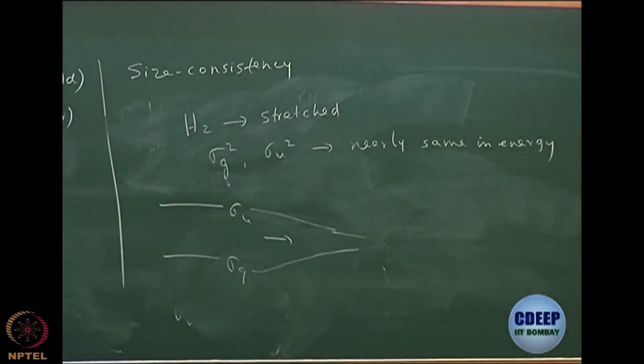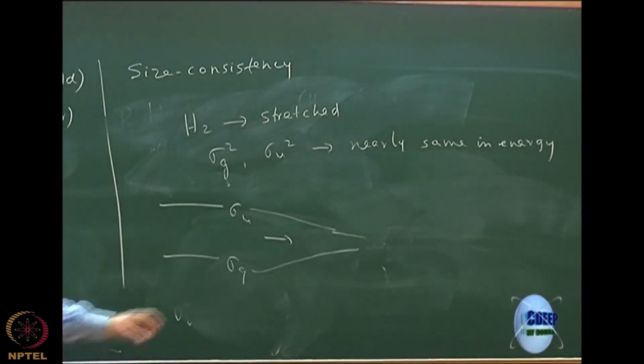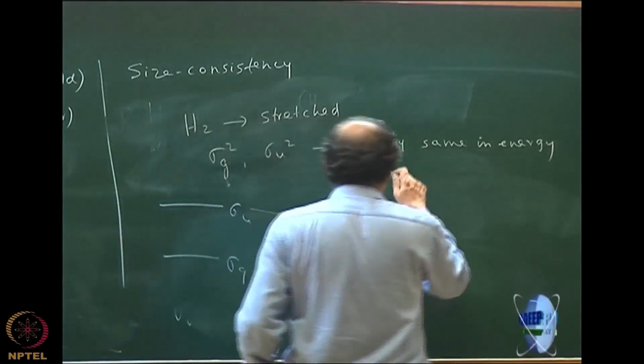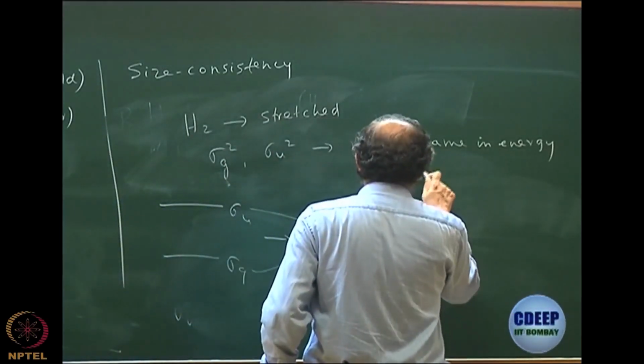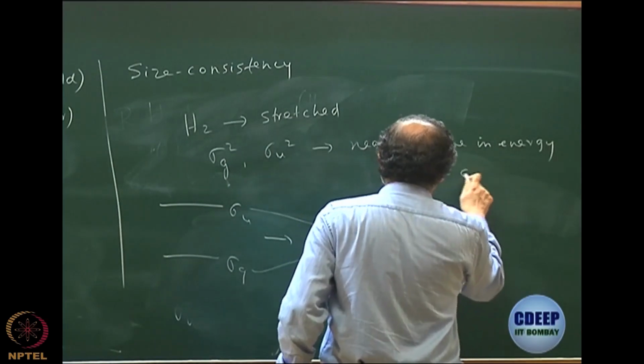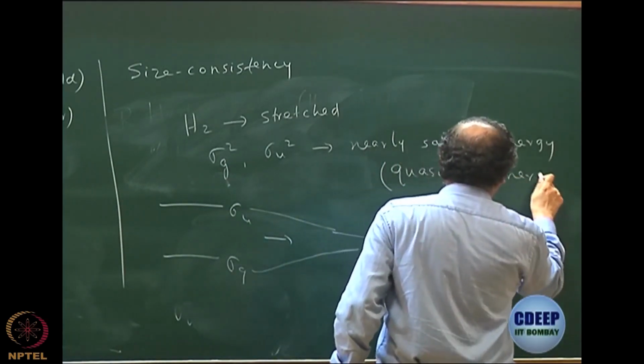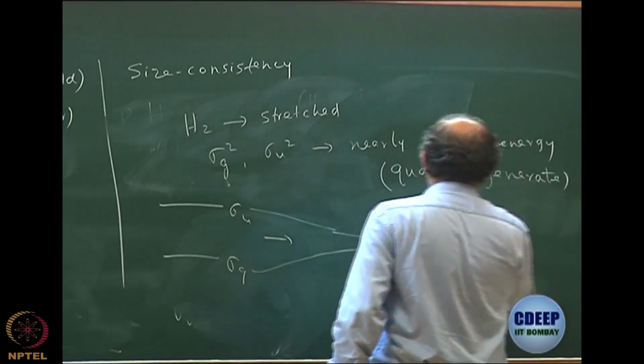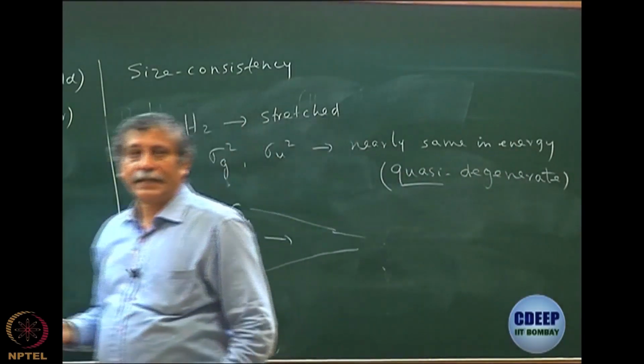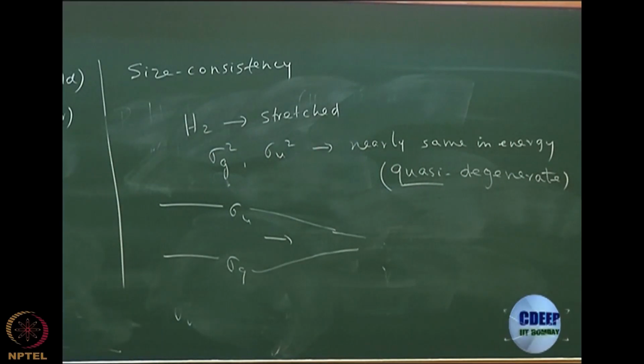Okay. So this kind of system is not degenerate, but they have a name in quantum chemistry which is called quasi-degenerate. The quasi essentially means that it is nearly degenerate, not exactly degenerate.